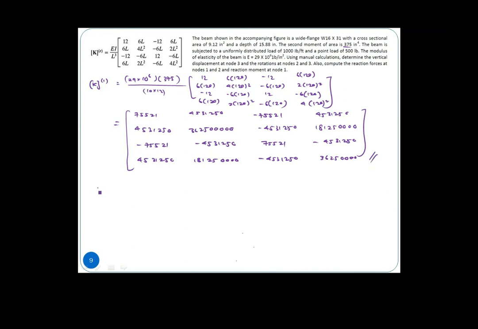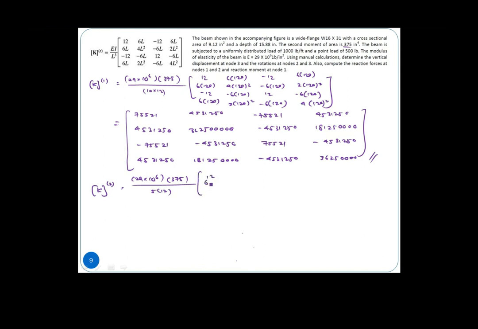The second stiffness matrix, for the second element, has the shorter length, which refers to 5 feet. Okay, 5 times 12 is 60. Right, so here will be 29 times 10 power 6, 375. Then we have 5 times 12, 60.